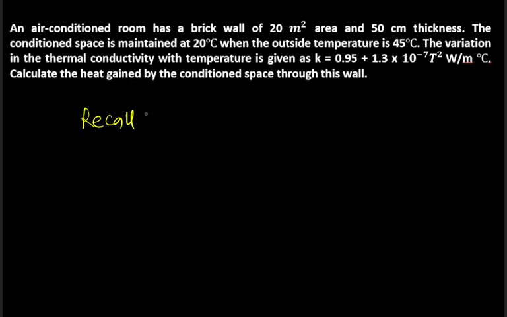Recall, when we are dealing with integration, the integral of x to the power of n is x to the power of n plus 1 all over n plus 1. So we'll be applying this rule when we are integrating.